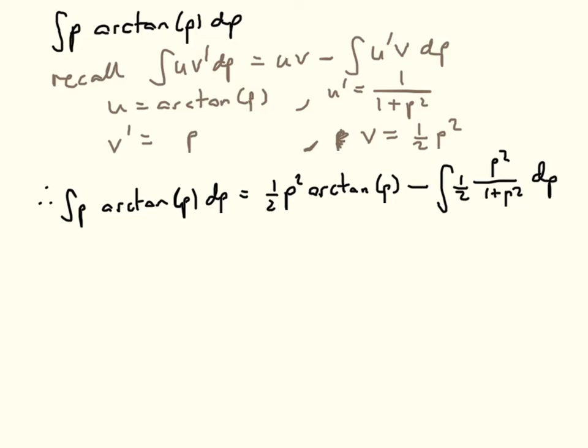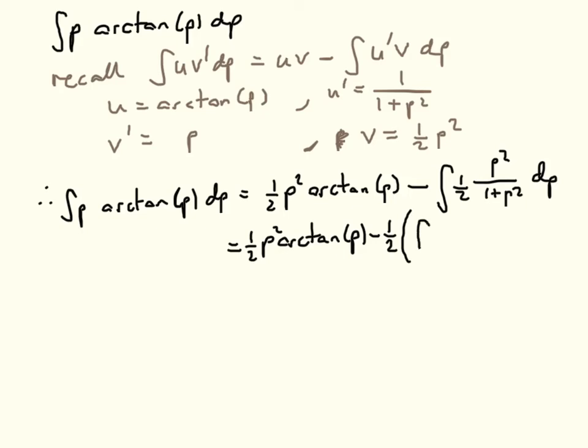So what I want to do, if I look at this, is I think if I had p squared plus 1, this would be easy. I just have a 1. So I'm going to add a 1 here, but then of course I have to subtract it. So let's see what happens that way. So our integral is 1/2 p squared arctangent of p minus 1/2, and now I'm going to take the half out and open brackets.